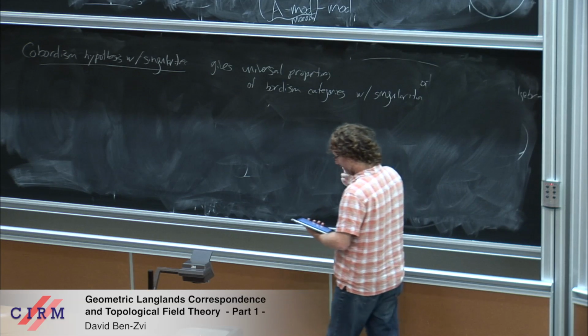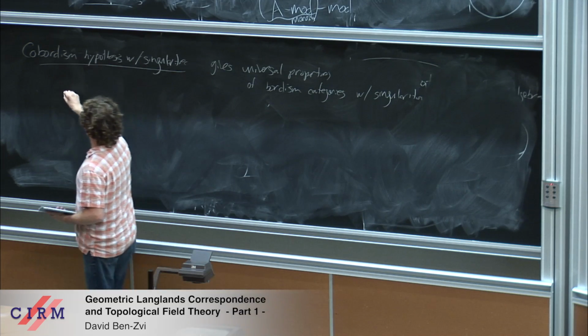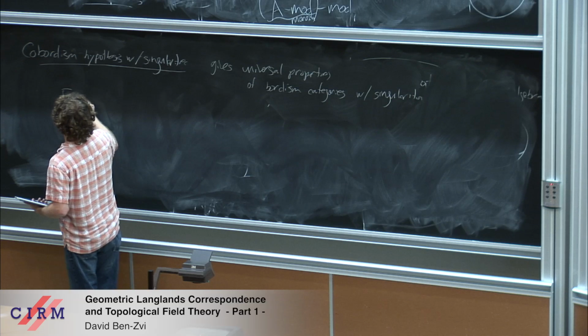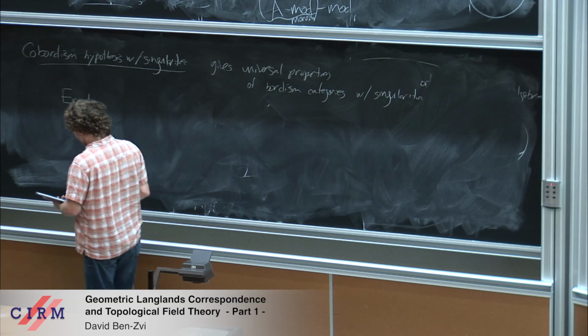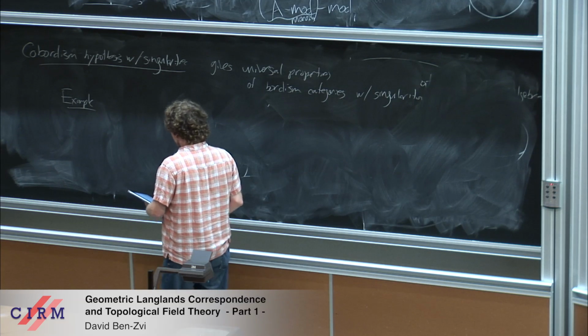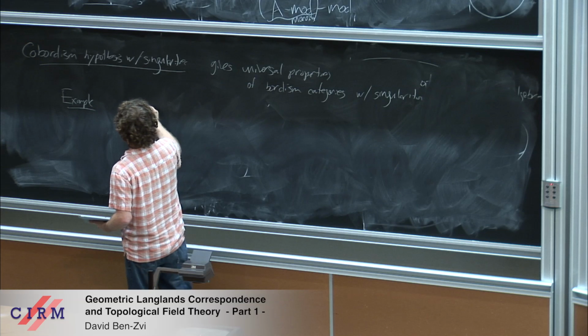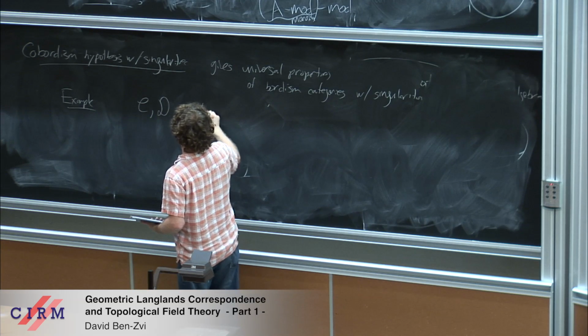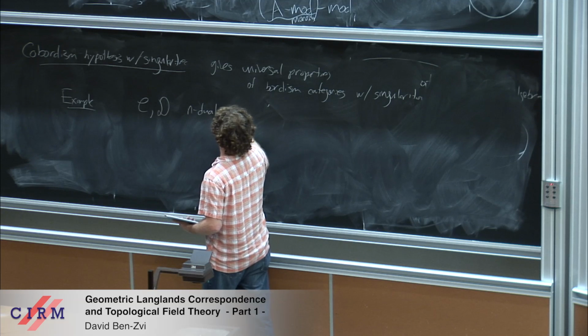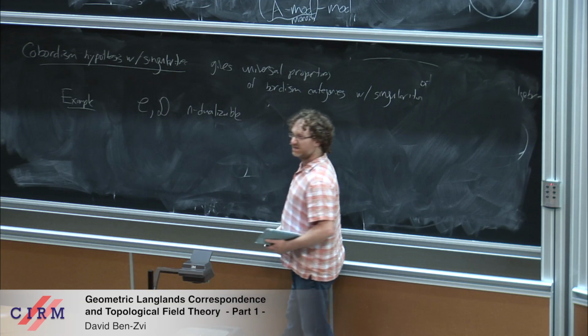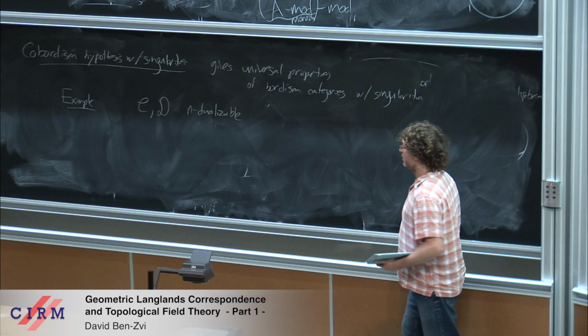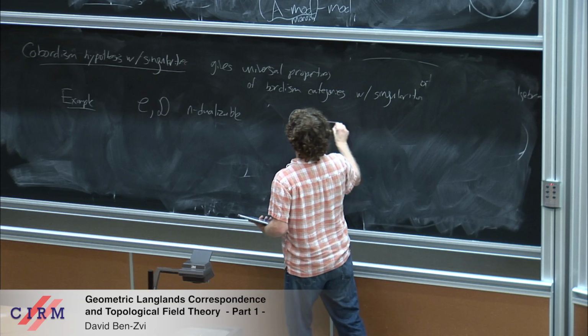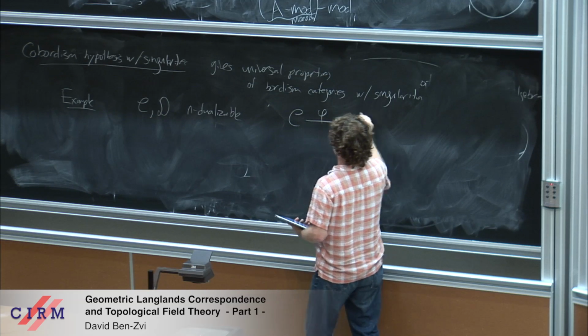I want to just do a special example of this. The first example of the Cobordism hypothesis with singularities is to say, suppose C and D are n-dualizable objects in some ambient world, one of the categories I had before. And suppose I give you a morphism, a map from C to D.